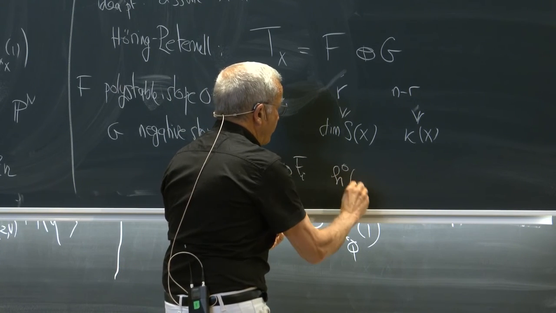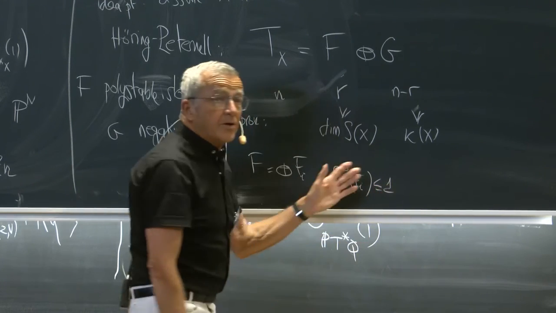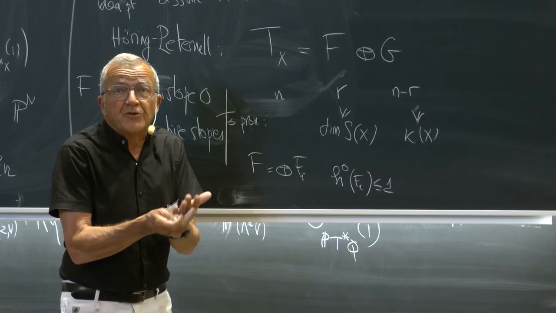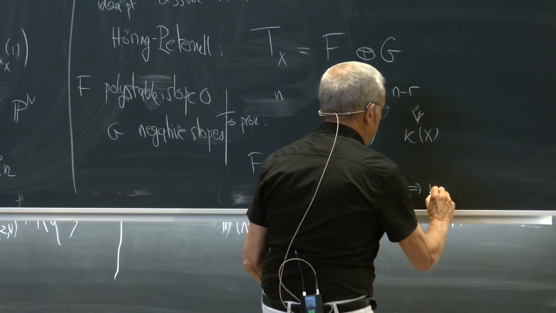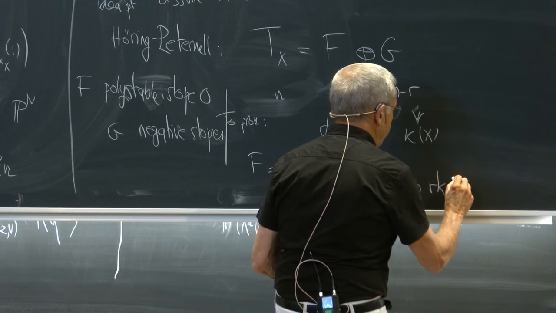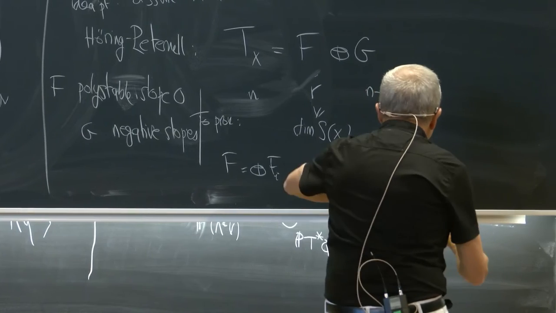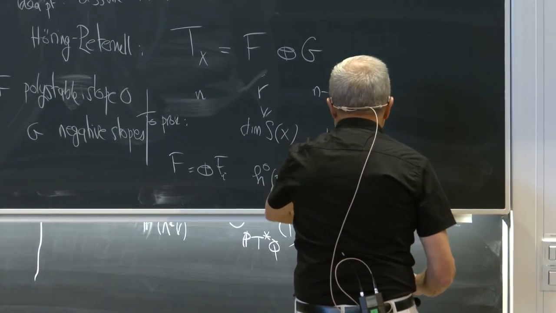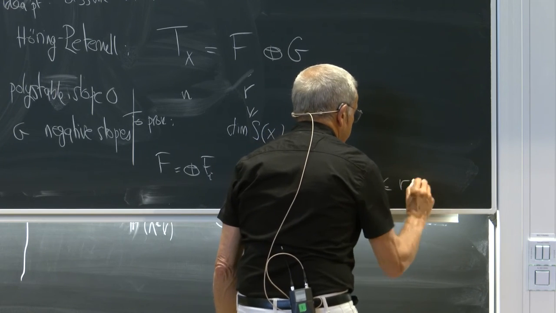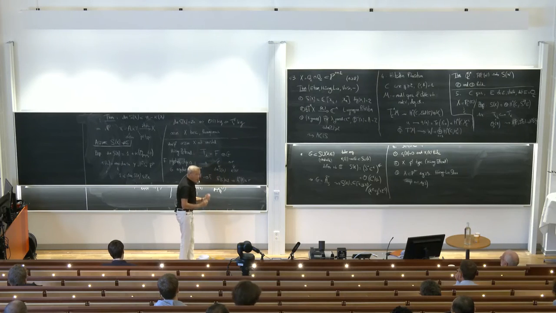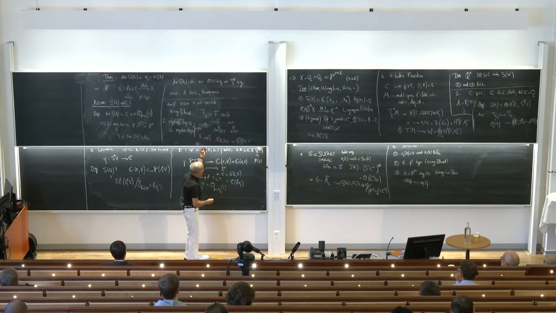F is a sum of F_i, now F_i is stable of slope 0, so h^0 is less than or equal to 1. If it's 1, it's just a trivial bundle. So this implies that h^0 of F is bounded by the rank. Right. Now you can do the same for the symmetric powers. They are still stable.